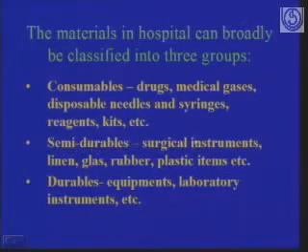These we also call semi-durable items, like surgical instruments, linen, glass, rubber, plastic items, etc. These are your rubber catheters, plastic cannulas, and surgical instruments, that is knife, scissors, forceps. These can be used more than once, but for a very short period of time, and the main difference between these items and capital items is that these items cannot be repaired.